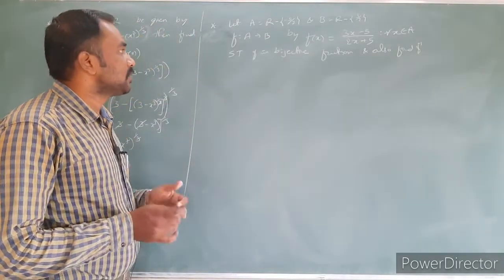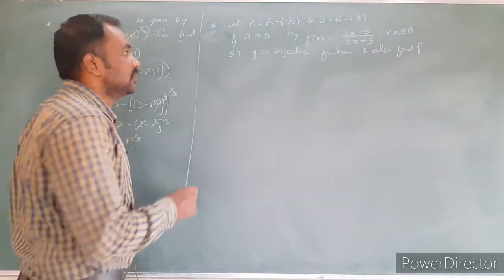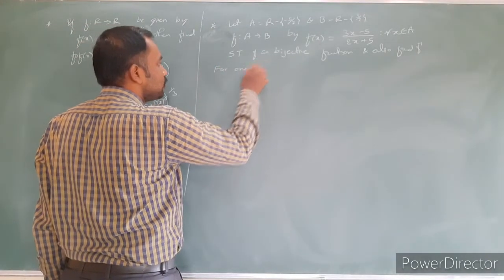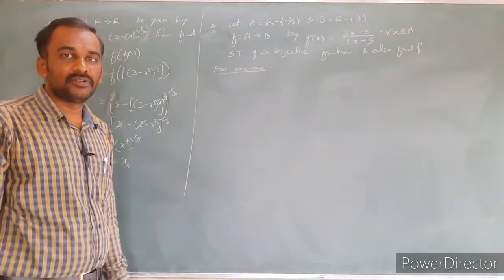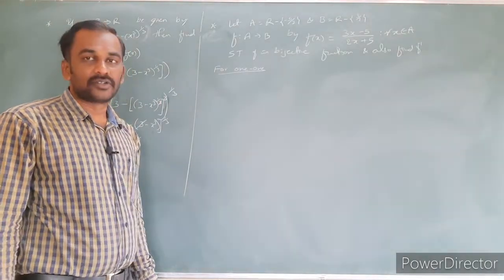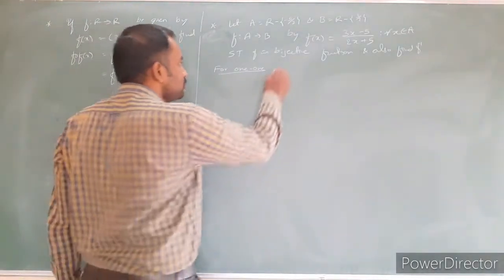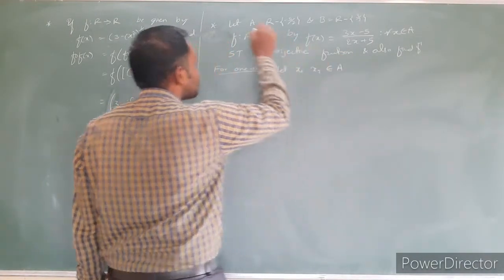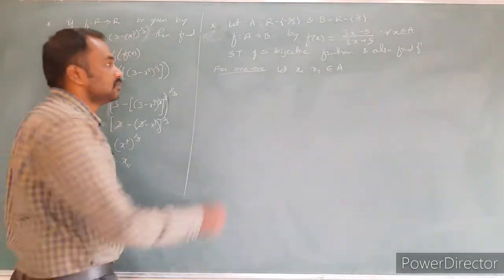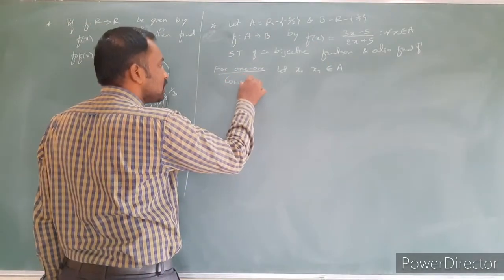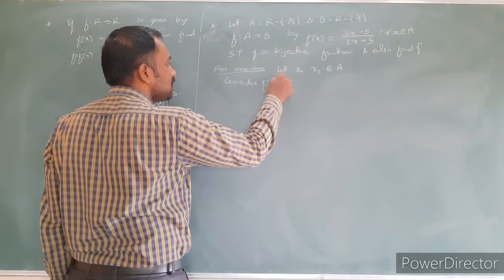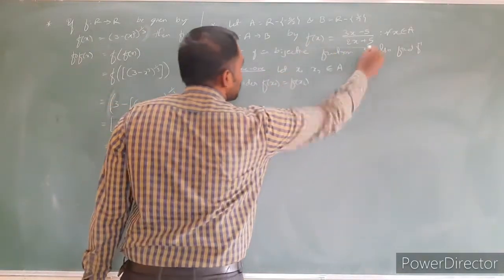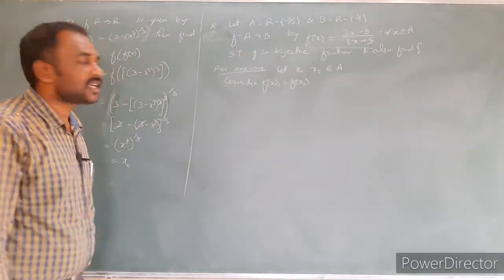Yes, first of all let us prove that it is bijective. Bijective means one-one and onto. First let us move for the one-one. You can pause the video, try to get the one-one and onto, just check it. Let x1 and x2 belong to the domain set A. Now consider f of x1 is equal to f of x2. f of x is already here, just replace x with x1.